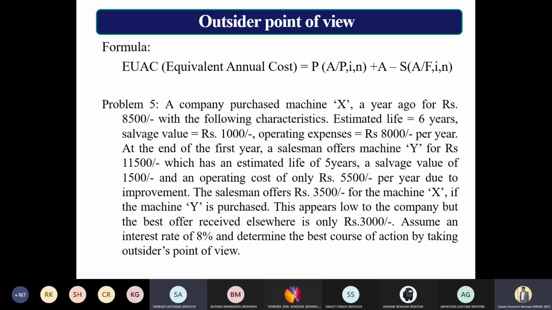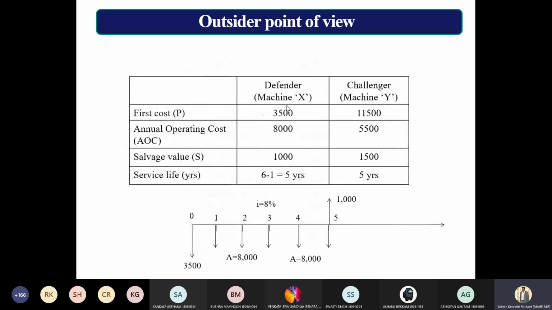So 3,500 is the amount that can be paid in buying the old Defender machine, right? So the amount comes to 3,500 rupees. So if you see here, the Defender cost is 3,500. The Challenger is 11,500. Annual operating cost is given as 8,000 and 5,500. Salvage value is 1,000 and 1,500.